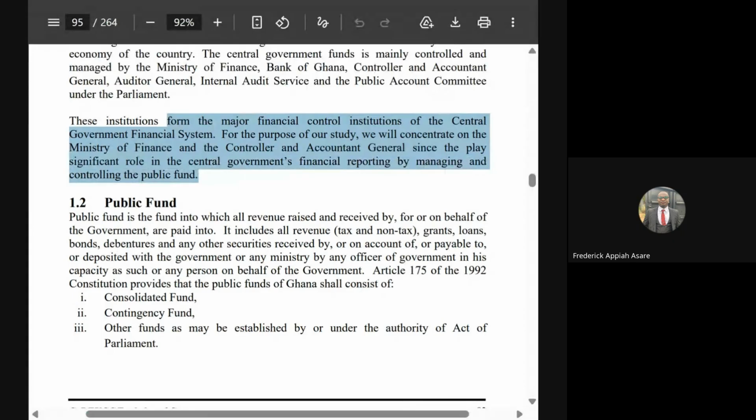So the Ministry of Finance will ensure the revenue generation. Then the Controller General will talk about the disbursement of the revenue that has come in, in the form of paying salaries of public servants, civil servants, in other words, all government employees.